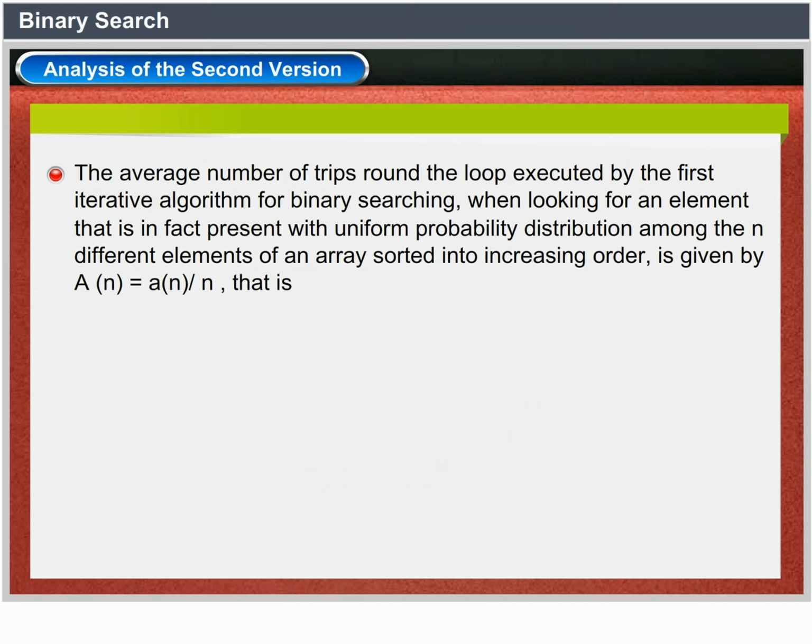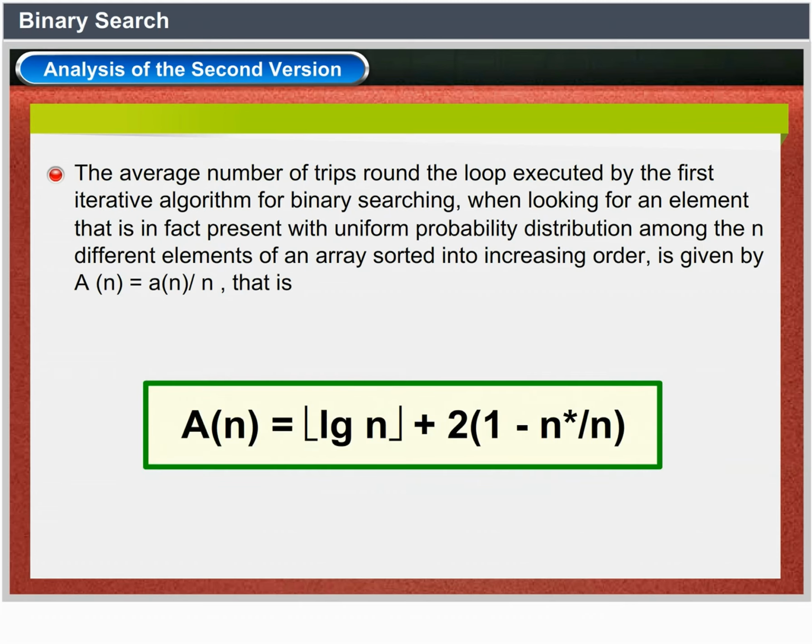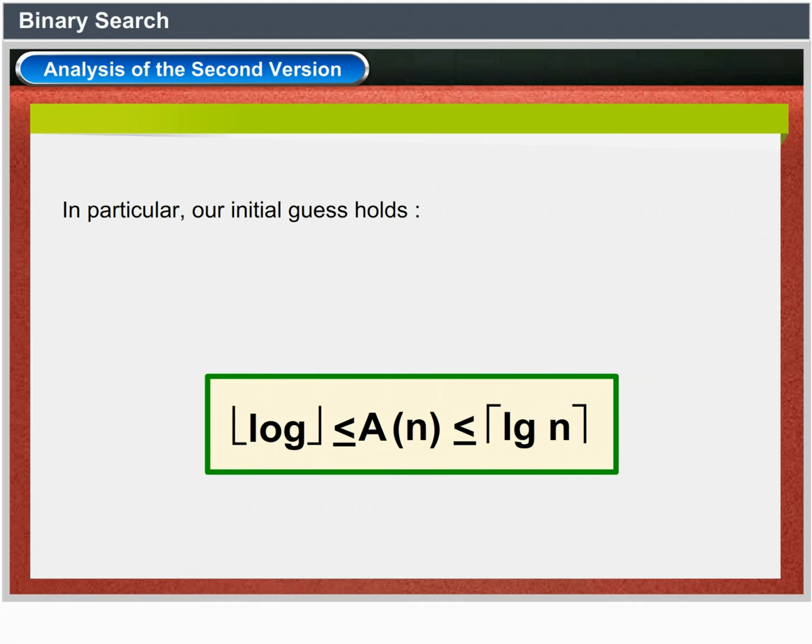That is, A(n) = ⌊log n⌋ + 2(1 − n*/n). In particular, our initial guess holds: ⌊log n⌋ ≤ A(n) ≤ ⌈log n⌉.